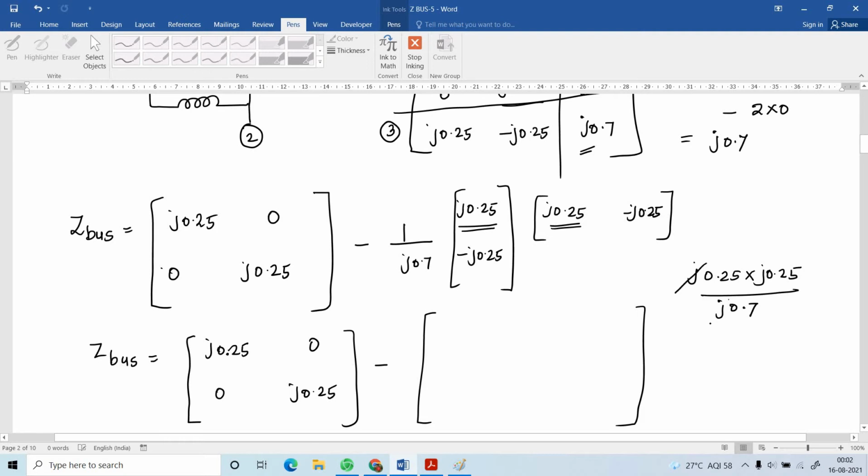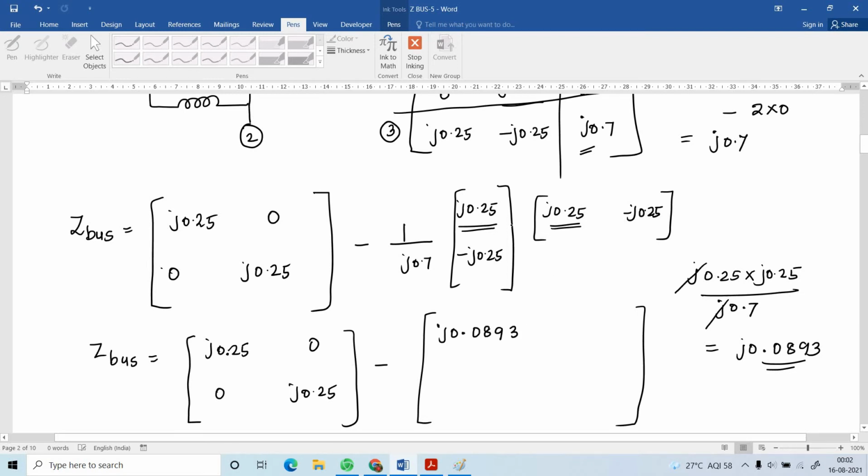So cut J and J. Then you have to multiply this using ordinary multiplication, and I get the answer J0.0893.